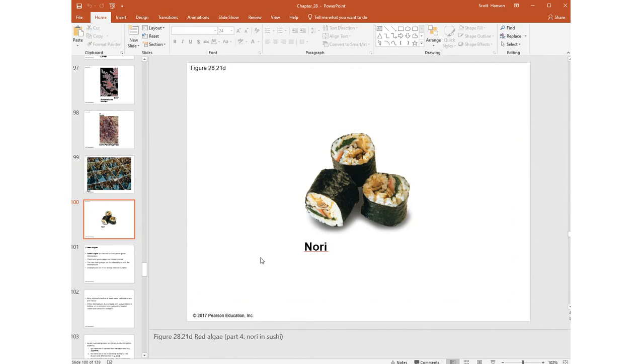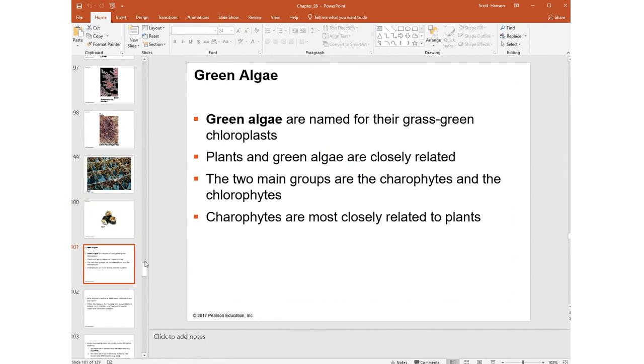So anyway, we finished up talking about the red algae in part 2. So now for part 3, we will start out with the green algae, because they have very green chloroplasts full of green pigment called chlorophyll.